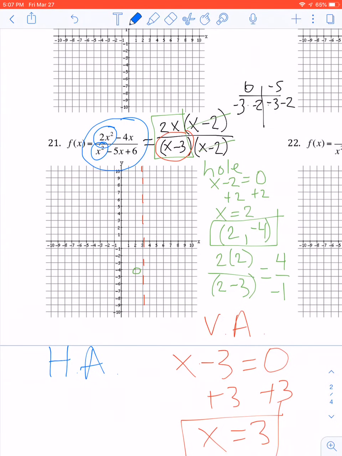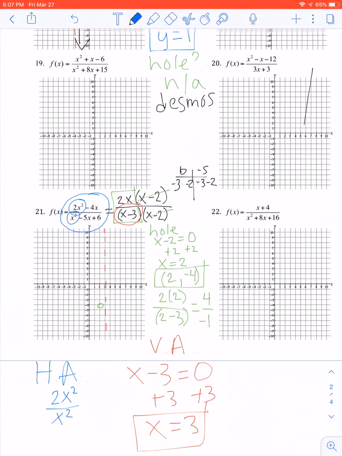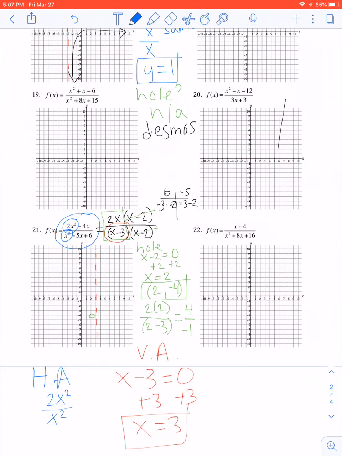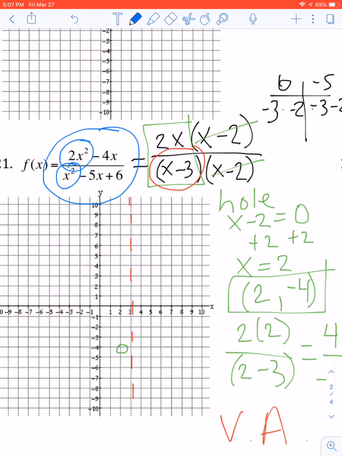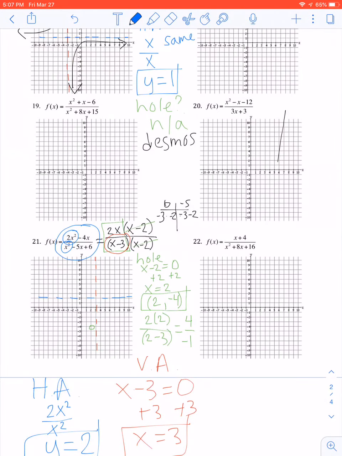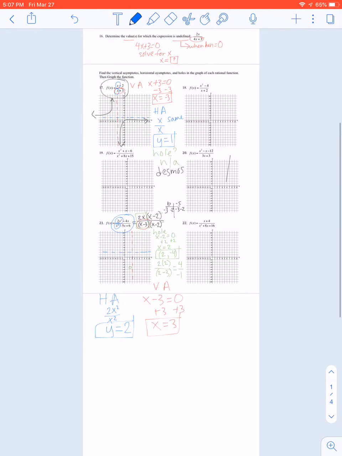We have 2x squared on the top and x squared on the bottom. So the x squared and the x squared match, so we are going to divide the top and the bottom, and our answer is going to be y equals, all that's left is the 2. So we are going to sketch our y equals 2 right there. That's our horizontal asymptote. So we have a horizontal asymptote, a vertical asymptote, and a hole.